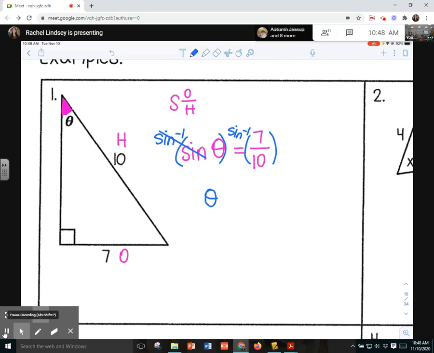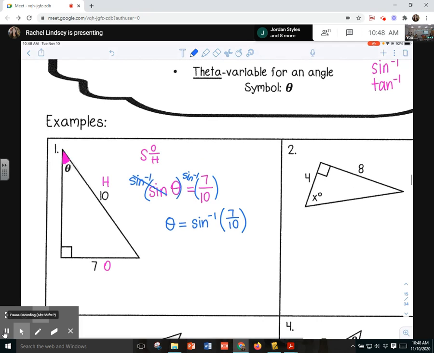So that we will have just the theta equals sine inverse of 7 over 10. And to put that in your calculator, you're going to hit second sine. Is it 44.4? Yeah.